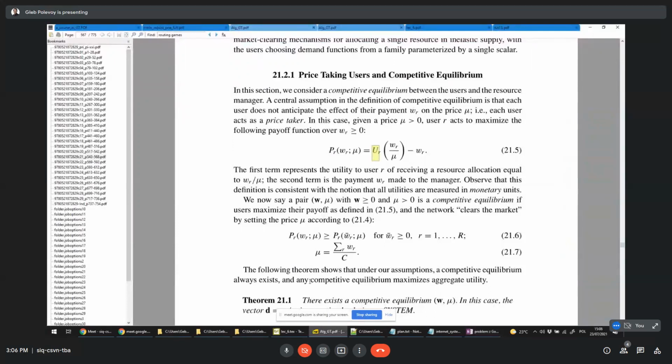But then if W2 is not 0, it's not stable because W1 can just change to what W2 does and get some positive utility.